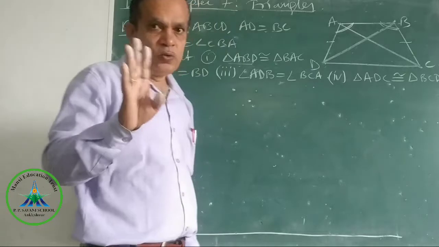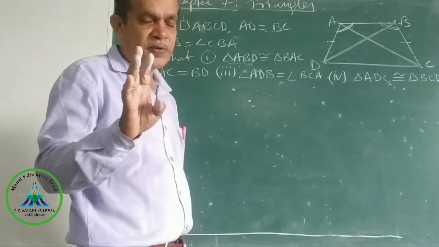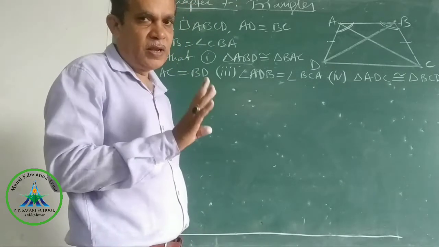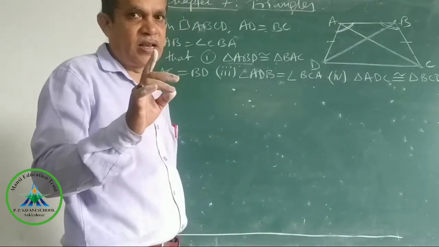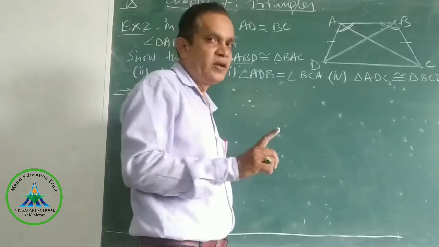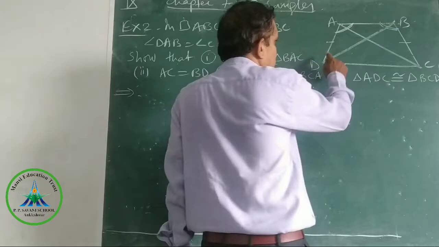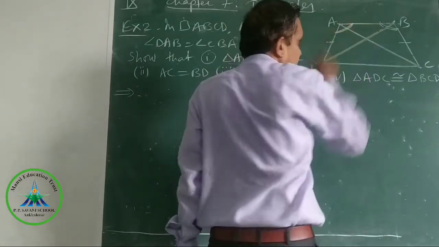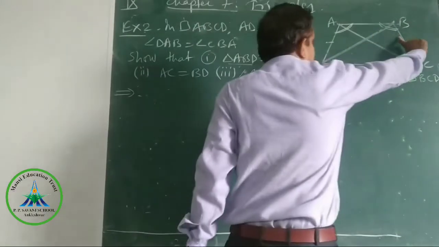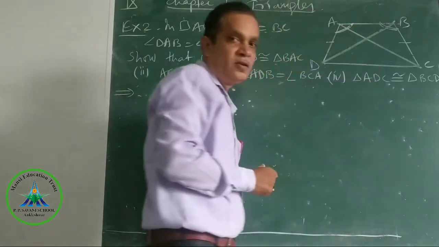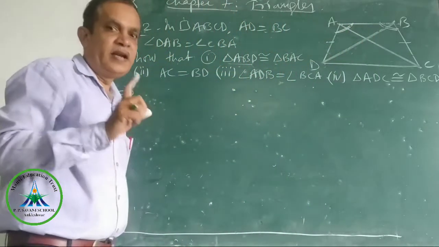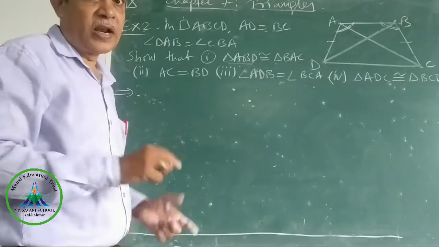So which rule do we read? Side, angle, side. Again the SAS congruence rule is clearly visible.